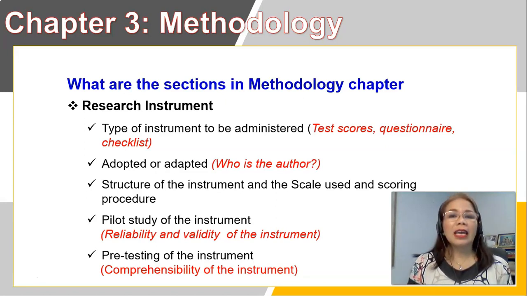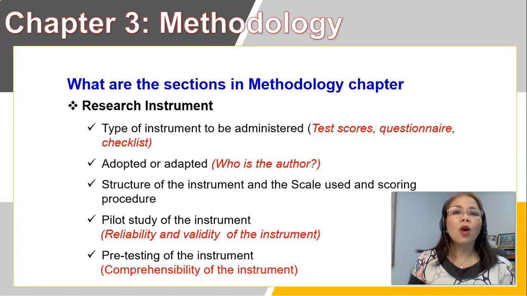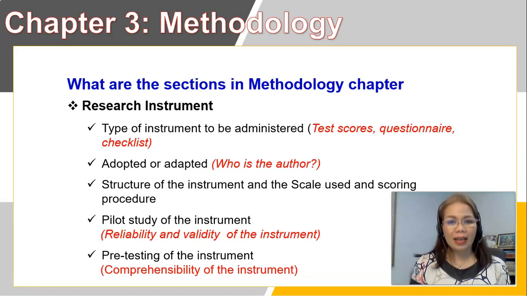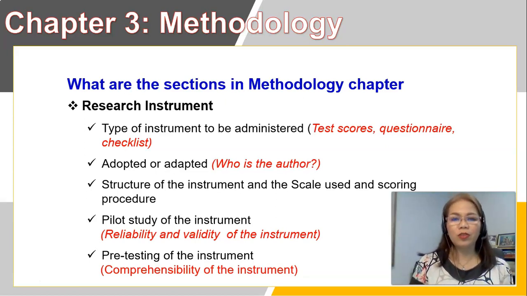Because, friends, if your respondents do not understand what you intend to ask in your research questionnaire, then it follows that the data that you are gathering are not reliable. They are not valid. Therefore, your findings also are not credible. So that's how important the research instrument section of your methodology is.